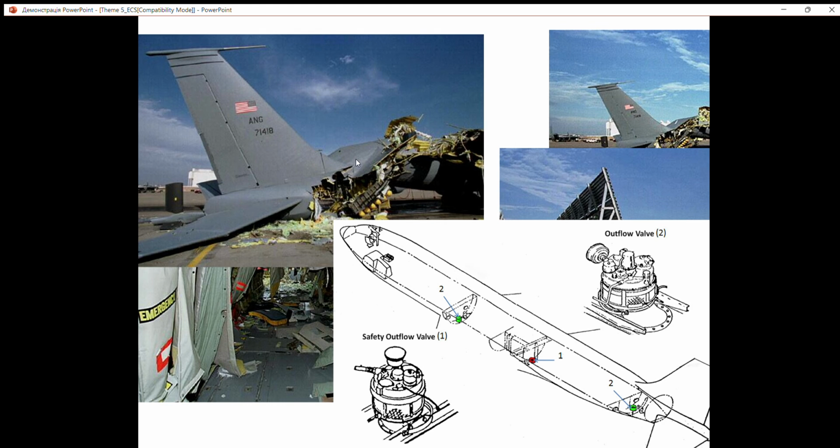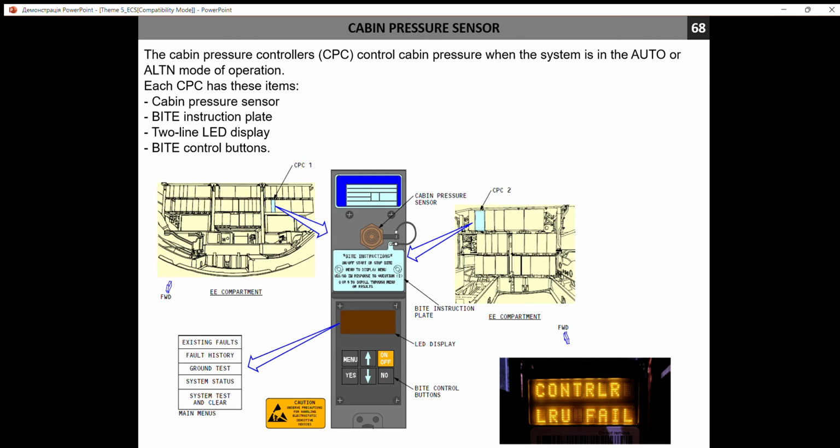When maintenance staff check the cabin, if they do not pay attention to the gauges, the parameters of the pressurized gauges, they may overpressurize the cabin, which leads to the explosion of the fuselage structure. So I want to show you that it is a very sensitive element and you may destroy it in a simple way.